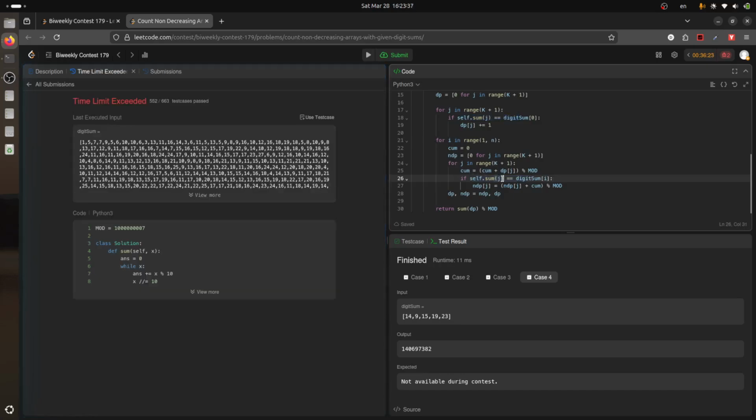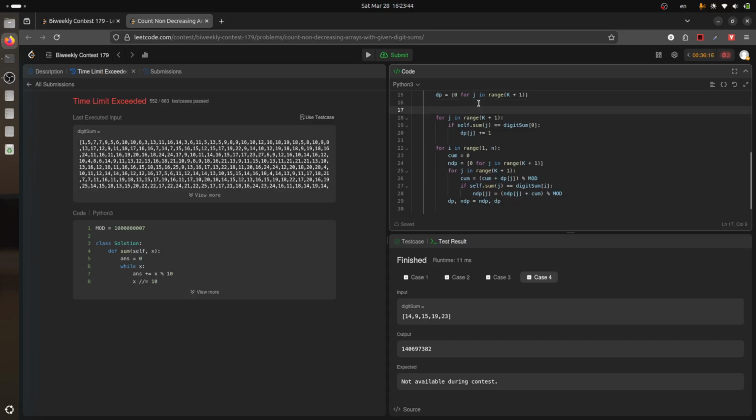Yeah, because self.sum shouldn't be done every time, I think. So let's precompute dix as the sum of self.sum(j) for j in range k plus 1, dix[j]. Boom. Let's go. Fair enough.